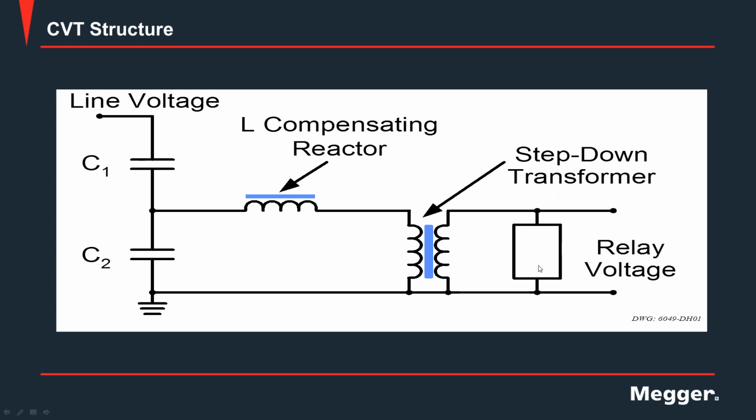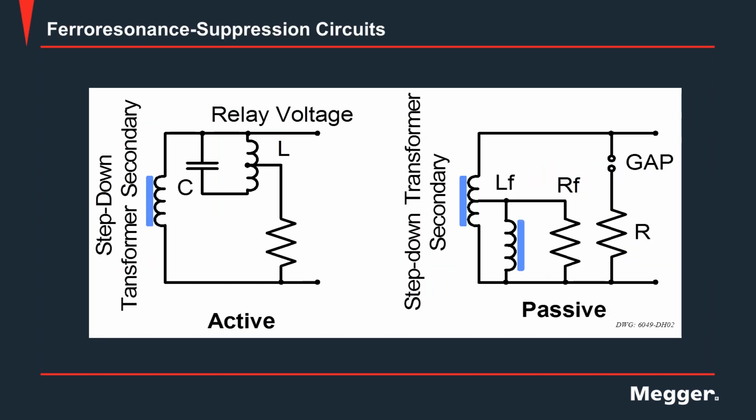In this diagram, you can see the ferroresonance suppression circuits. This is the active one, using the step-down transformer on the secondary, which goes to the relay. And this one here is the passive ferroresonance suppression circuit.